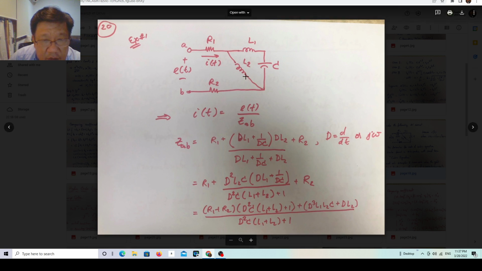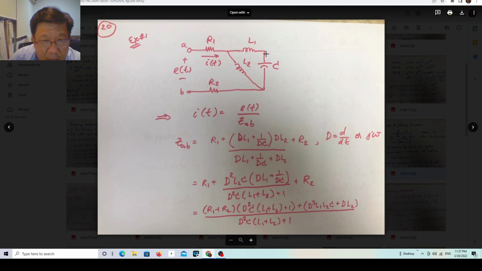D times L, while D is equal to d/dt, and the impedance across a capacitor, from example 3, you know is 1 over DC. Actually it's 1 over C times the integral of i dt.